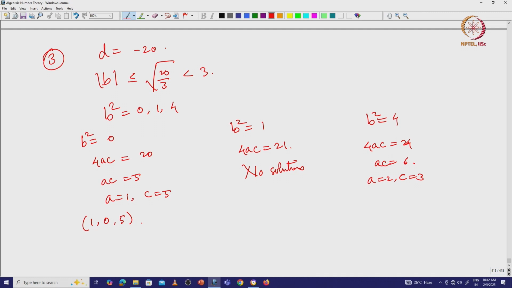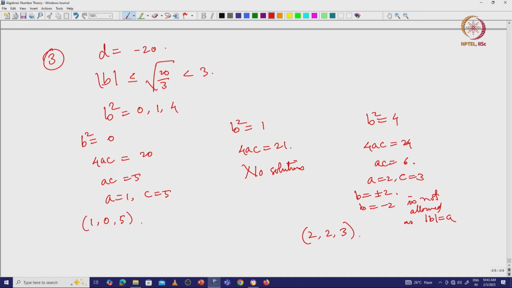So, again the possible values of b are plus minus 1, but b equal to minus 2 is not allowed, as mod b is equal to a. So, the only other possibility is 2, 2 and 3.